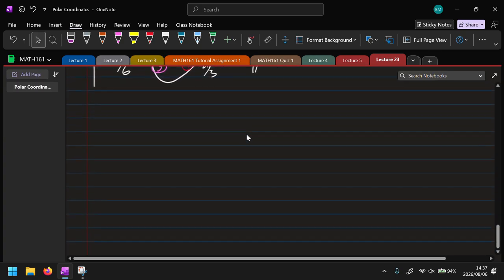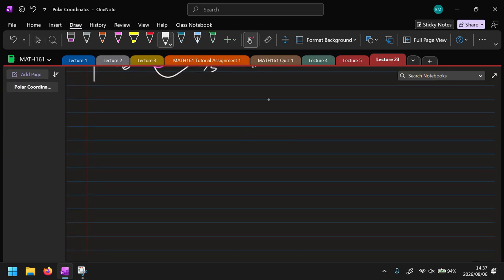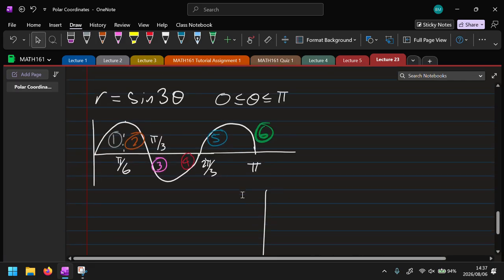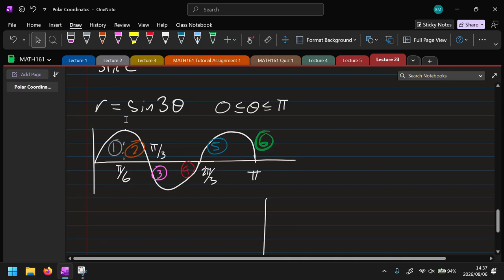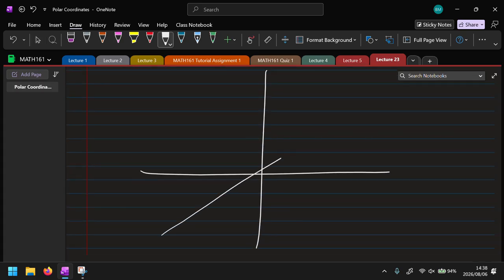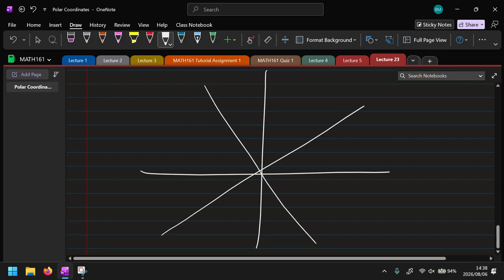So let's draw this. Now here it's going to be a little bit different because this turning point over here is at pi over 6. Previously we had it at pi over 4. So it's a little bit different now. It's going to be something like that.